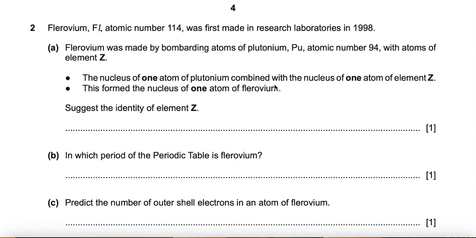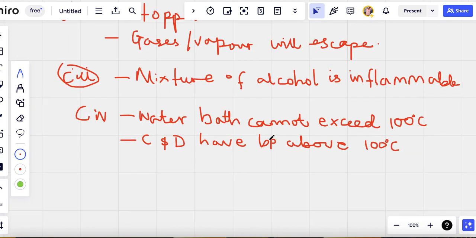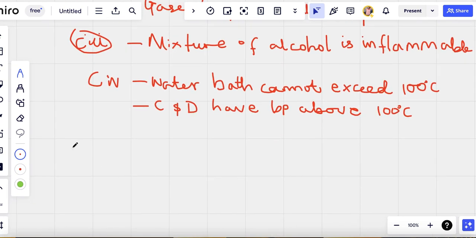Now suggest the identity of element Z. It's just 1 mark, so it's not a big deal. Plutonium is 94, and flerovium is 114.